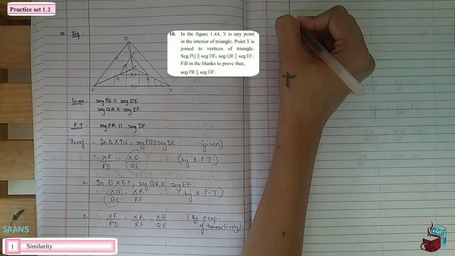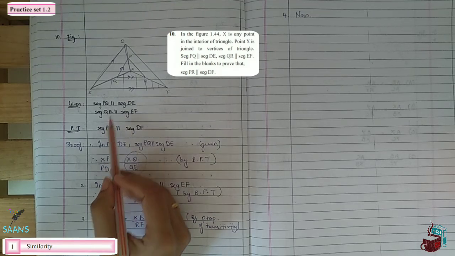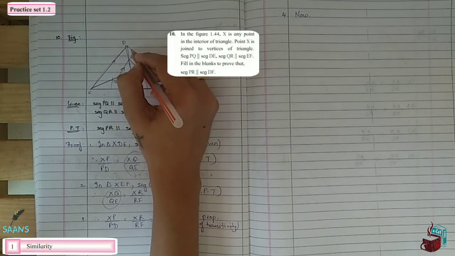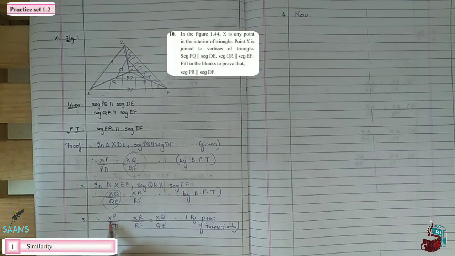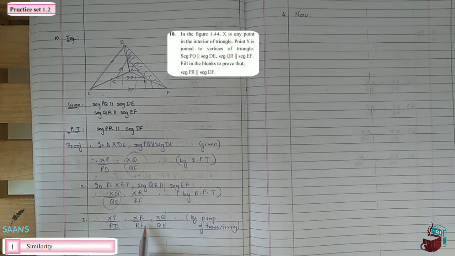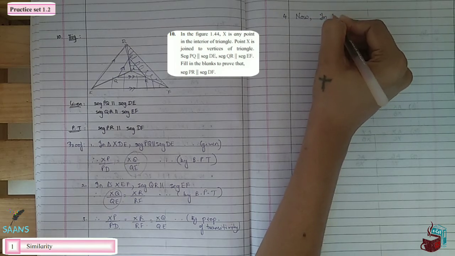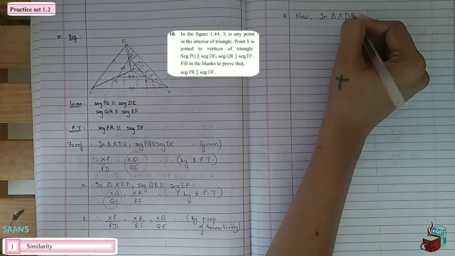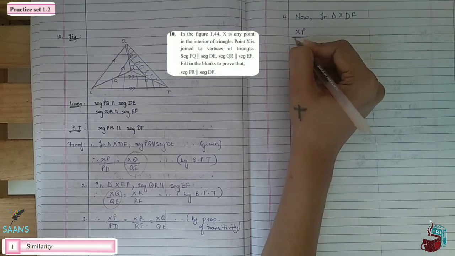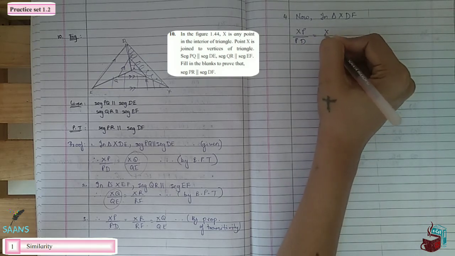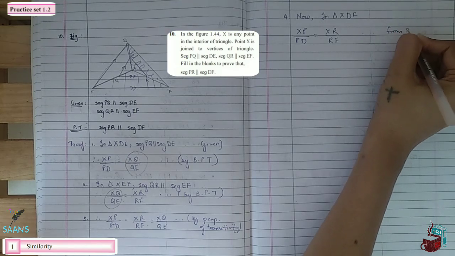Fourth step. Now, the last triangle. They are telling us PR needs to be parallel to DF. So now consider this triangle. We already know XP upon PD is equal to XR upon RF. Now in triangle XDF, XP upon PD is equal to XR upon RF, from 3.